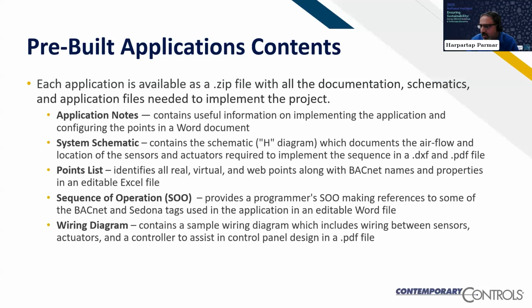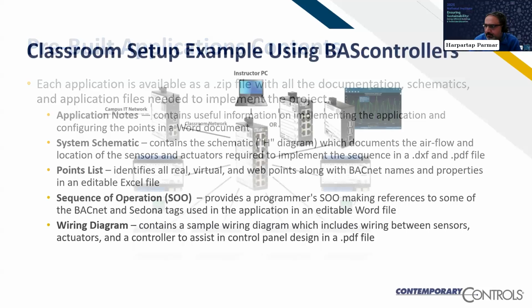This gives you references to all the BACnet tags and the Sedona tags in a Word document. And you also get a wiring diagram as part of that. It gives you the location of the sensors, the actuators, and all the other information to make your control panel or just set up your lab. And it's a PDF file.